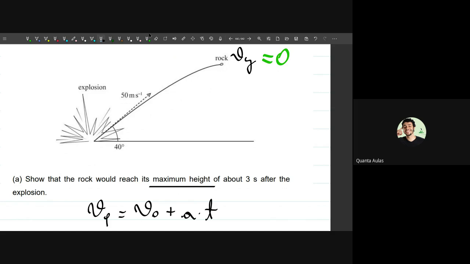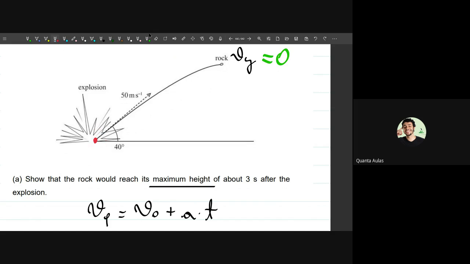For example, we need to define our referential. Referential is very important in physics. My referential is here, the initial point of our problem, where we have time equals 0 and position 0.